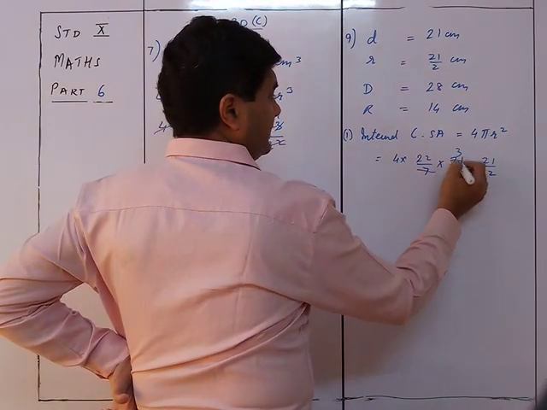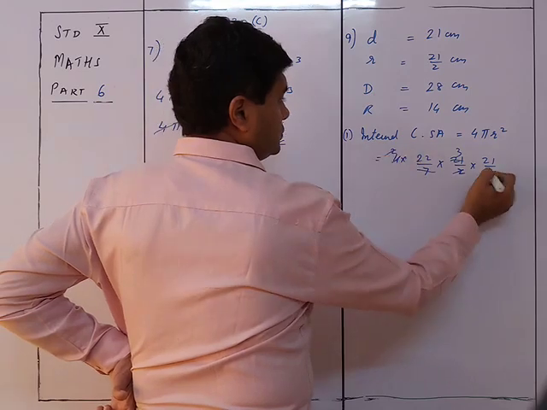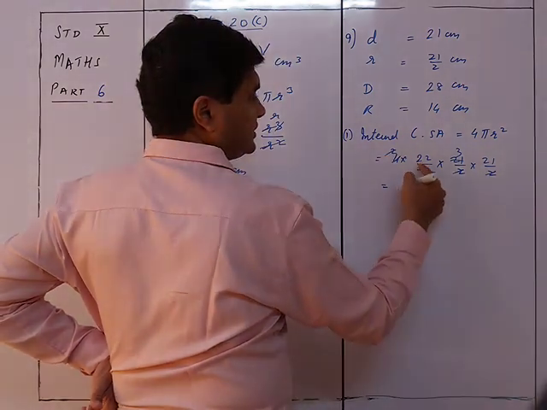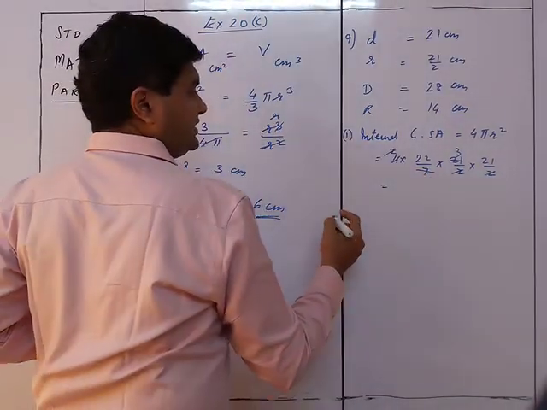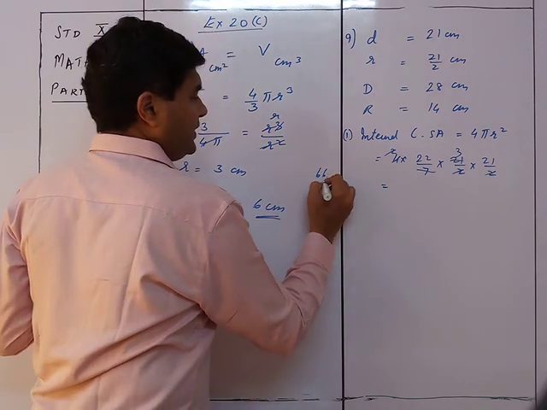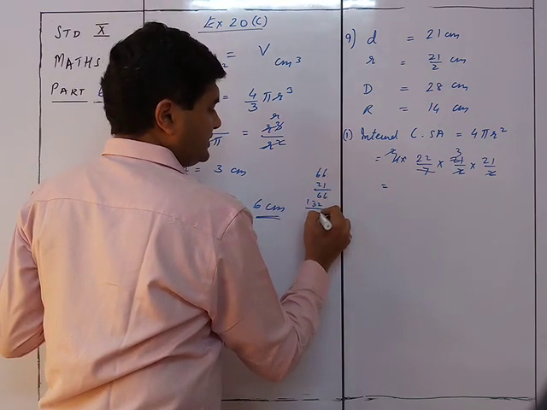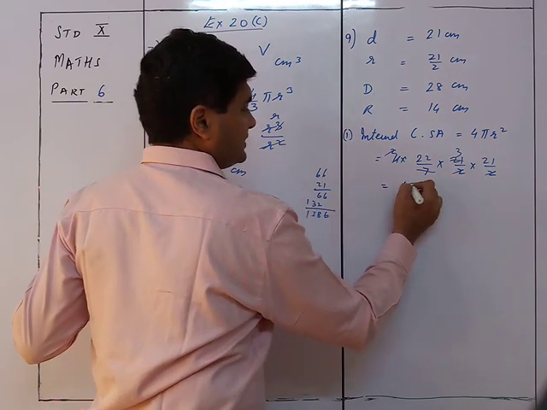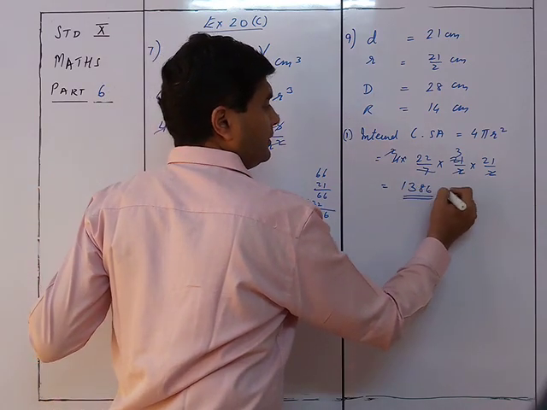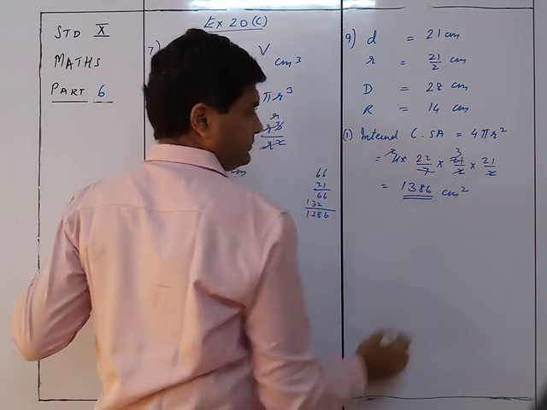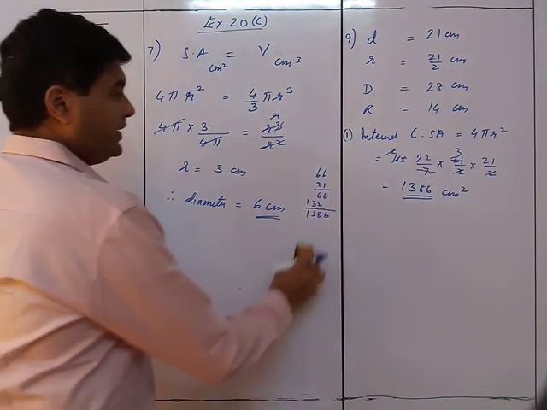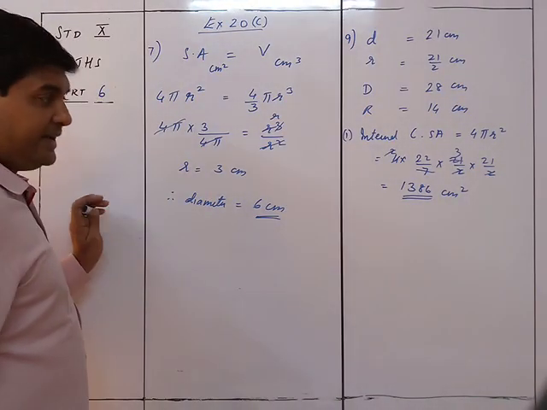The 7 threes are 21, the 4 and 2s cancel. So this is 66 into 21, which is 1386 centimeter square. So internal surface area is 1386.